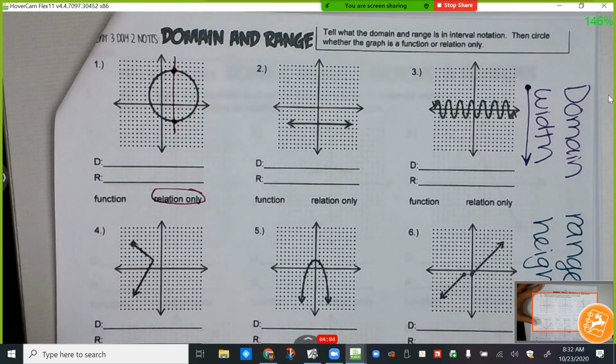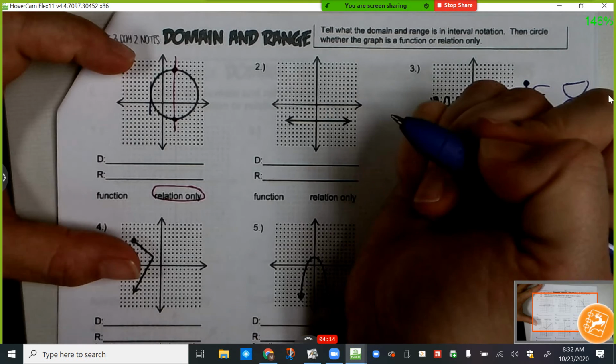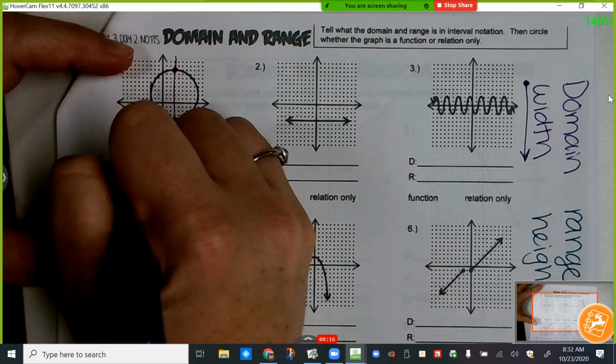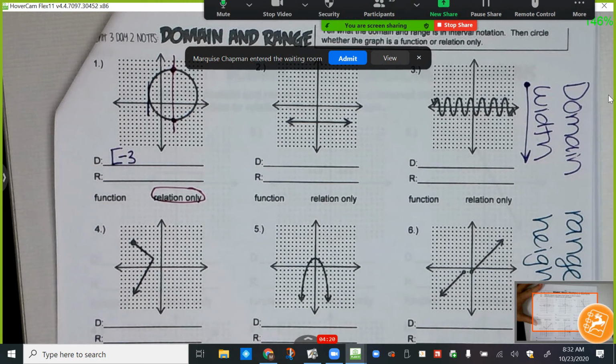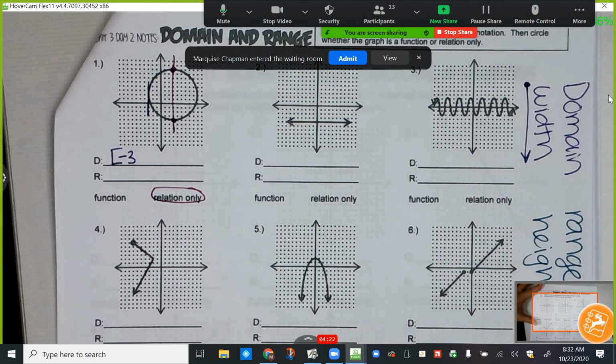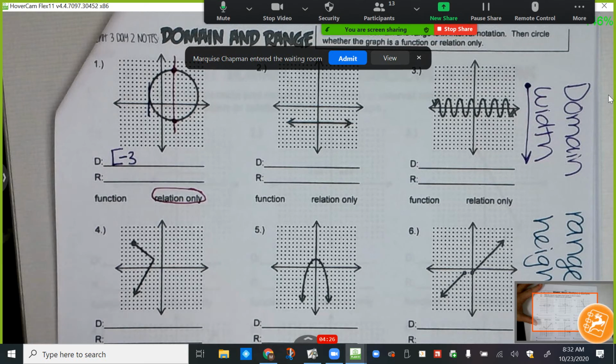So let's think about one thing at a time. Domain, I said to start farthest where? Always start at our farthest left. What is the farthest left this circle goes? -3. Okay, and we're going to use square brackets here because we don't have any infinities. It doesn't ever keep going up, down, side, or side. We only have just solid line.